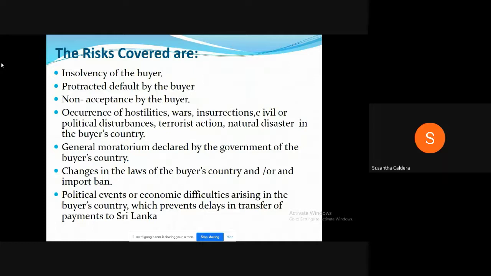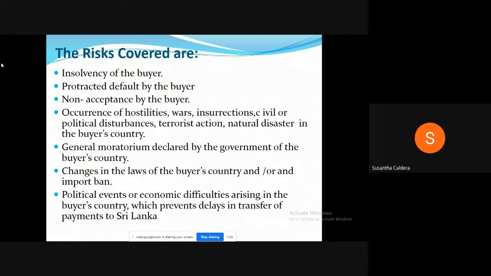everything is covered, right? General moratorium declared by the government of the buyer's country, like what we have now. Our government has stopped certain payments of certain commodities. A moratorium has been imposed.